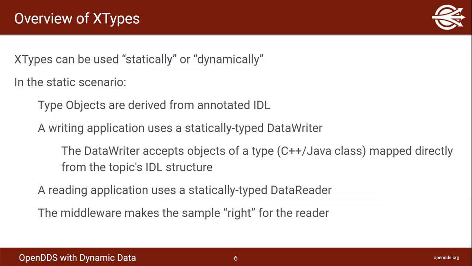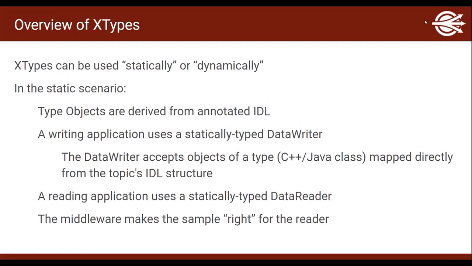An application that's writing using a statically typed data writer, which is typically some kind of template parameterized by your message type, is then going to accept objects of the type, be it C++ or Java or whatever you're using. So there's a type defined in the programming language for that topic type, and the data writer API accepts objects of those types.